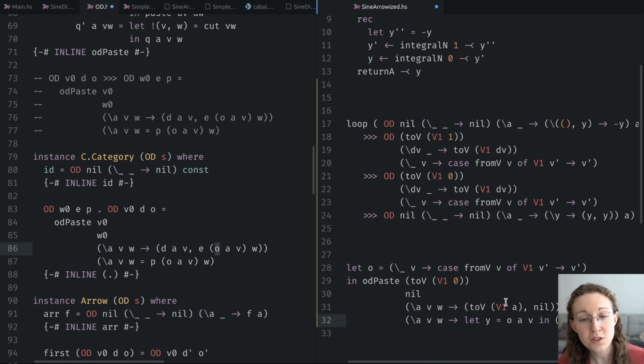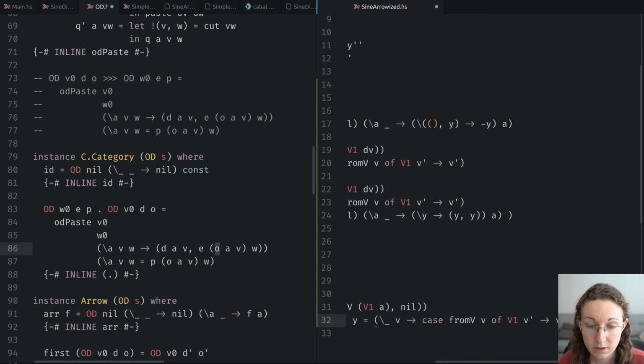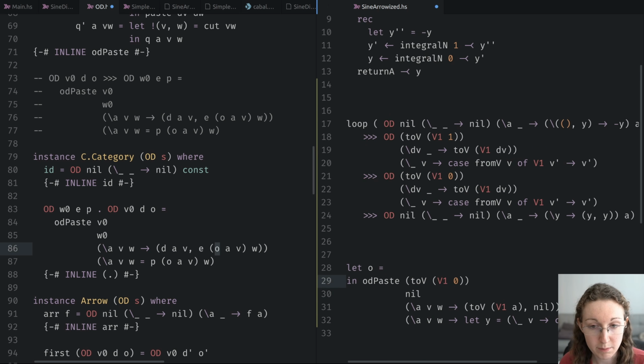But one of the reasons that GHC is able to do all of this moving of things around is that the purity of Haskell guarantees that it will always be the same. Although, of course, it might change the runtime characteristics, which is ultimately the goal. We're trying to make the runtime characteristics better. So now that O is only used in one place, we can take this right-hand side and inline it for O, and remove this let binding out here.